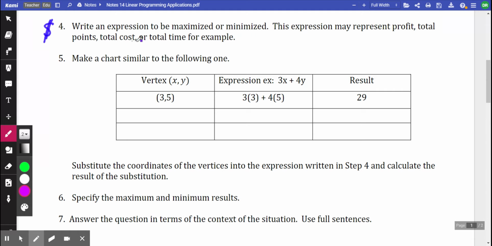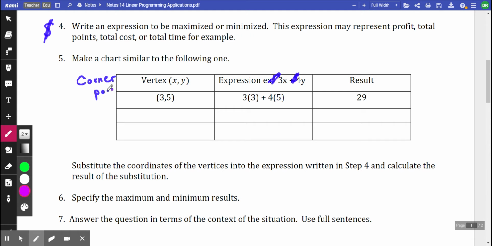So what we're doing today is very common if we want to talk about a business model. So maybe that expression is an example of 3x plus 4y. So this would be $3 per x, $4 per y. We would know what x and y are because we defined them earlier. And then we're going to use the corners of our feasible region, the shaded region that's going to appear.